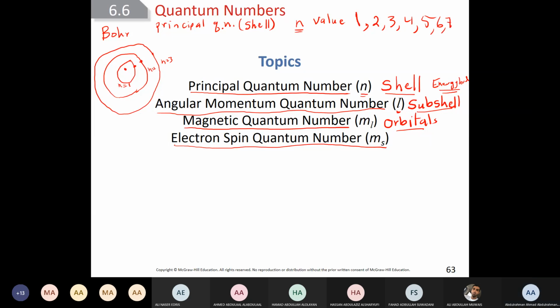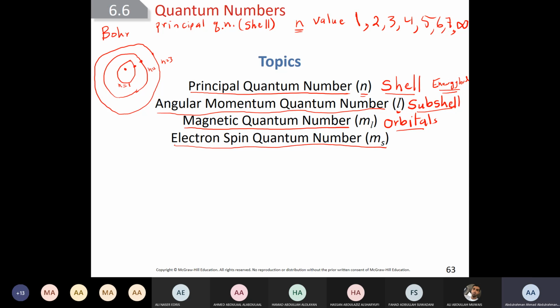Where should you stop? Infinity. Any integer. So we know the value for n: it is from 1 to infinity, 1, 2, 3, 4, 5, 6. So the value is clear.